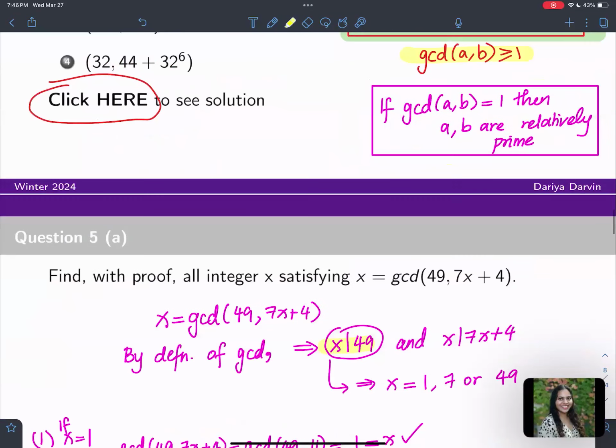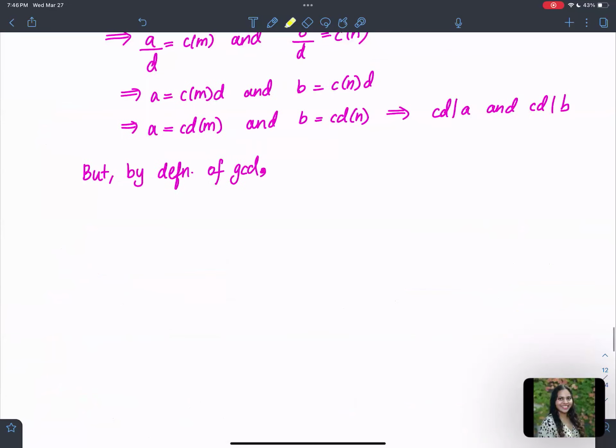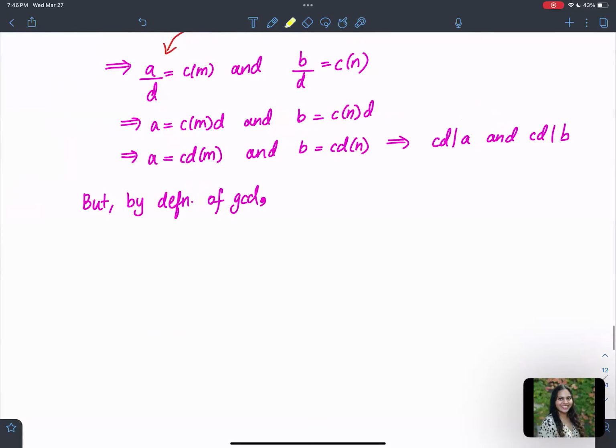So you're going to use that fact here. Here you have a common divisor, that has to be less than or equal to the GCD. Now, since D is a natural number, you can divide both sides by D. So cancel out D, C is less than or equal to 1.